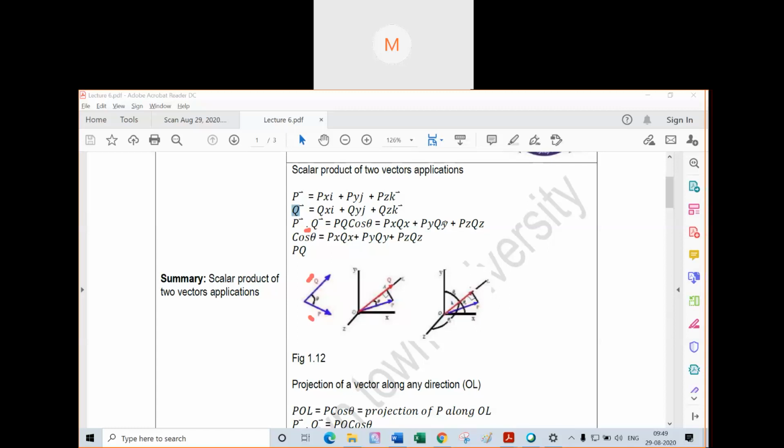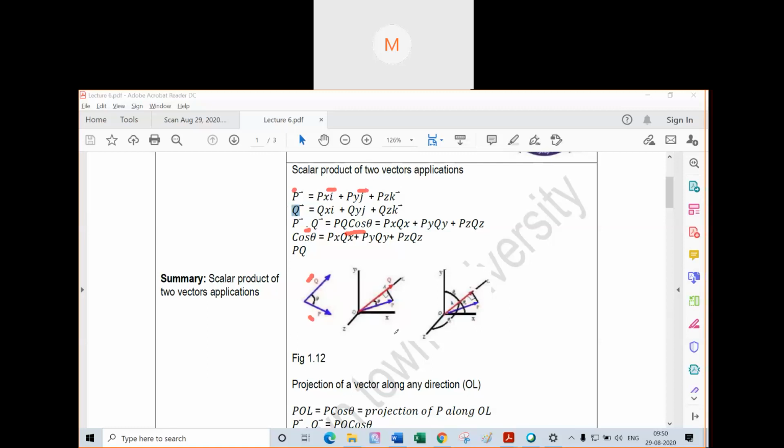If it is a scalar product and you use the dot, then it is cos theta. Now look, this is the P vector. We have to distribute the vector into three parts: Px i, Py j, and Pz k.